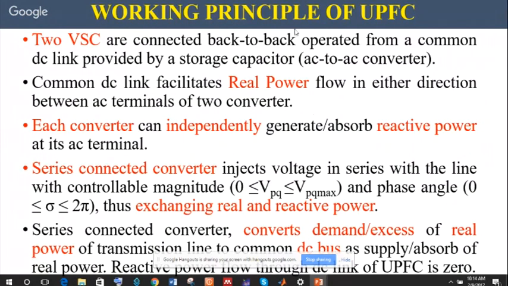Now, how does it work? There are two voltage source converters, as we have seen. They are connected back to back, operated from a common DC link. That also we have seen, by a storage capacitor that converts AC to AC, and we can exchange the power also. The common DC link facilitates real power flow in either direction between the AC terminals of the two converters.